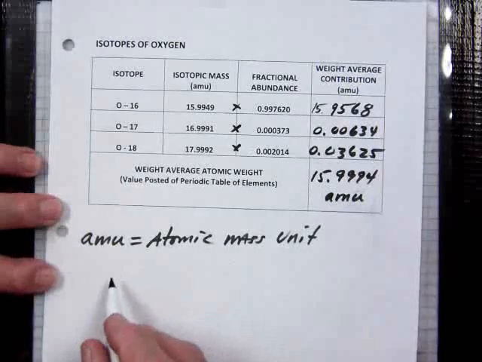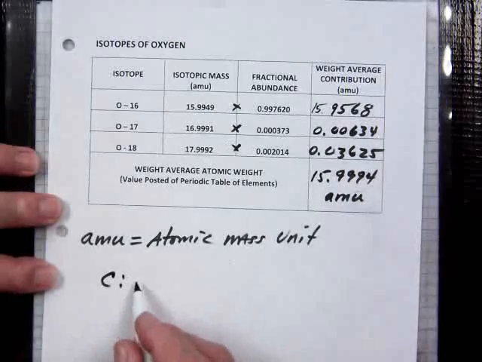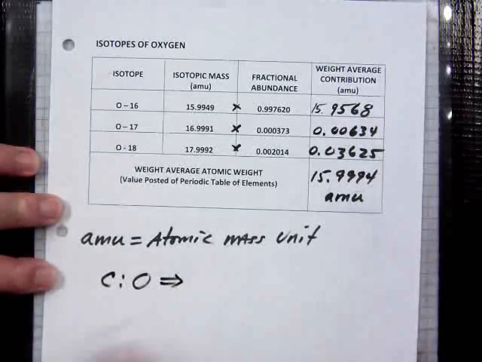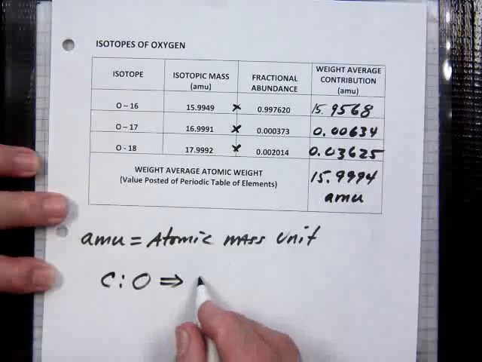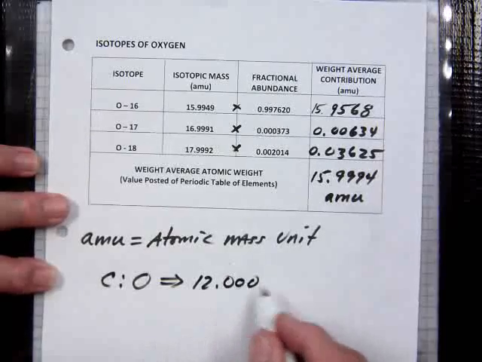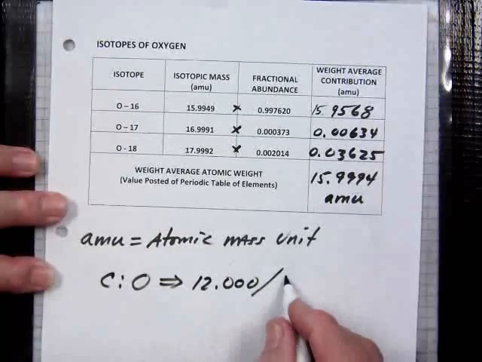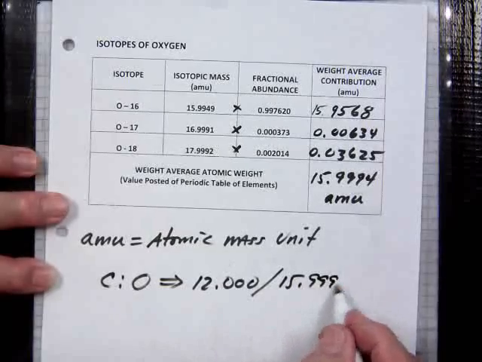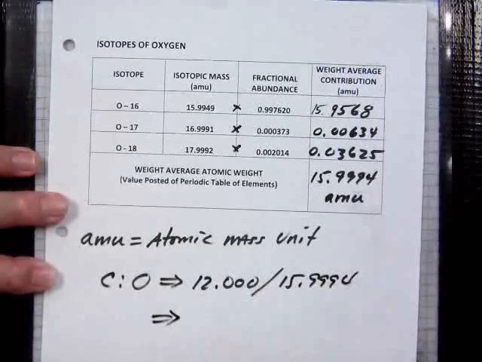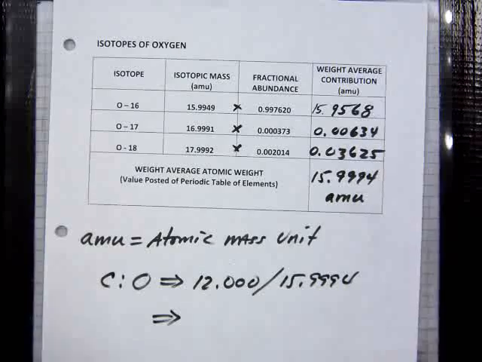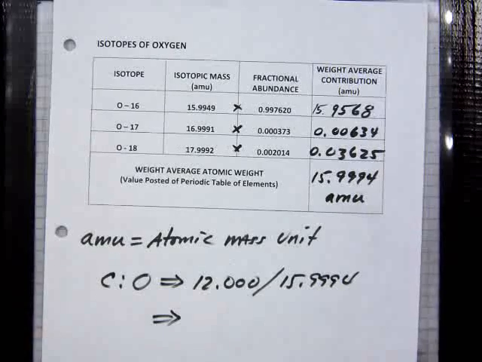So we have a carbon to oxygen ratio of 12.000 over 15.9994, like that. And some people will go oxygen to carbon, but it indicates that relative mass means what?